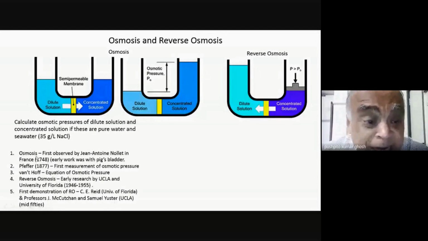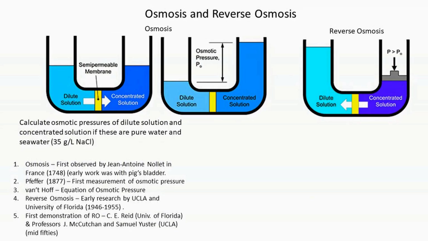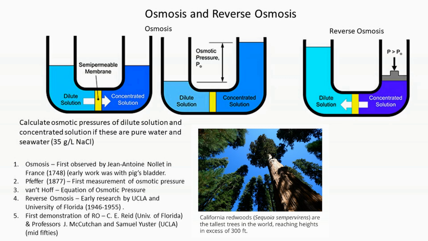Then around 1877, the first measurement of osmotic pressure of a solution was done by Pfeffer. He again did path-breaking work. They tried to figure out how it is that you have these trees which are so tall, like in California they have the redwood trees, which are hundreds of meters in height, and they asked, how is it possible that the water is traveling from the bottom to the top?